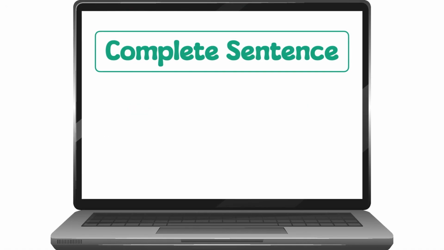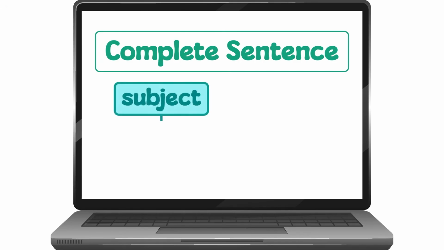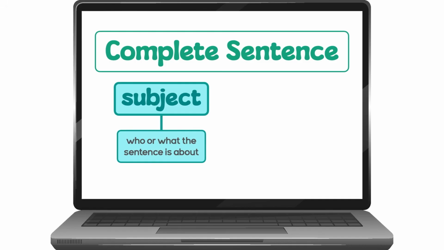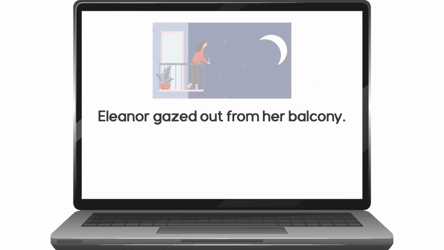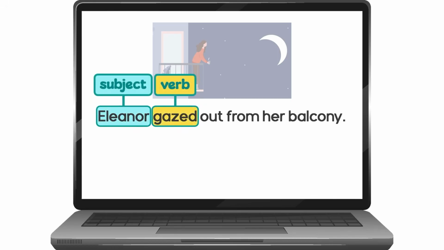A complete sentence needs two important elements: a subject, who or what the sentence is about, and a verb, which tells what the subject does. For example, look here at the first sentence of my story. Eleanor is the subject, and gazed is the verb.